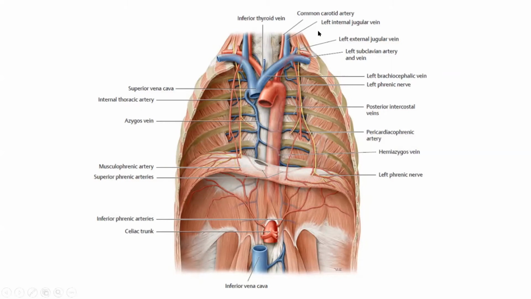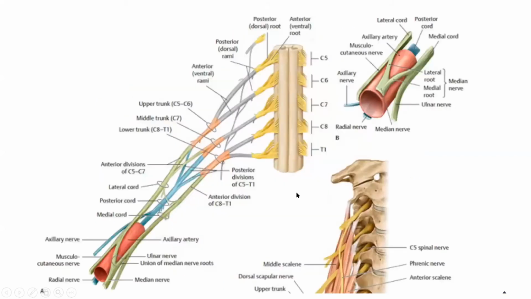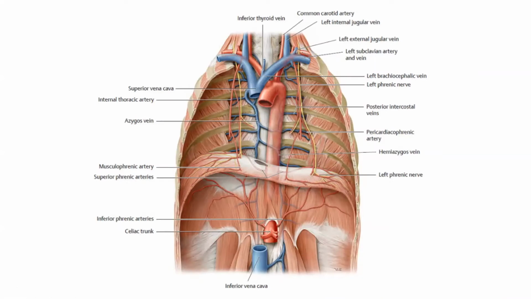And the phrenic nerve is very important because it's innervating the muscle of the diaphragm. So irritating of this nerve can cause hiccup in the patient, and paralysis of both sides can cause some fatal consequence.